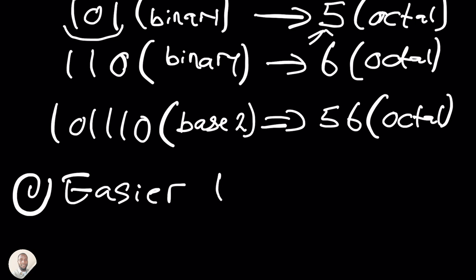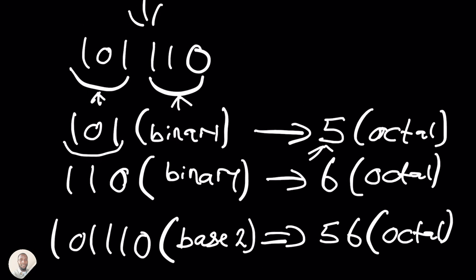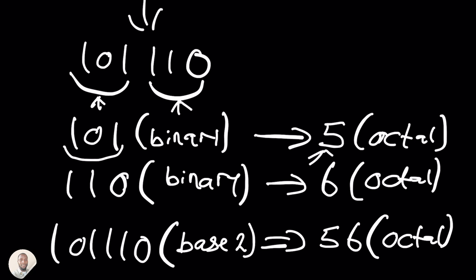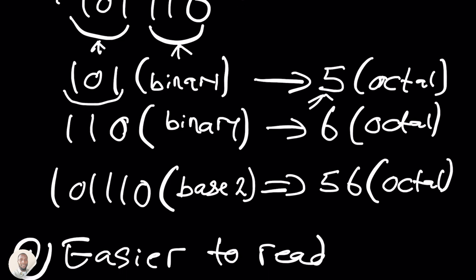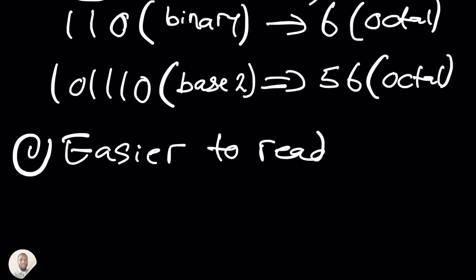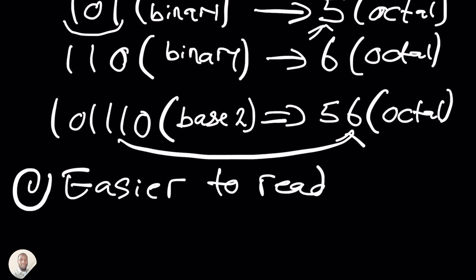We just analyzed this code where we have 101, 110, which finally became 56 in octal. You can see it for yourself. It's easier to read. So octal makes long binary numbers shorter and easier to understand.